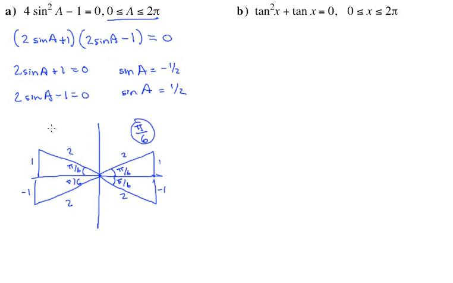In this quadrant, we get pi minus pi by 6, which is 5 pi by 6. Bottom left, we get pi plus pi by 6, so 7 pi by 6. And in the bottom right quadrant, we get 2 pi minus pi by 6, which is 11 pi by 6. So those are the solutions on 0 to 2 pi.